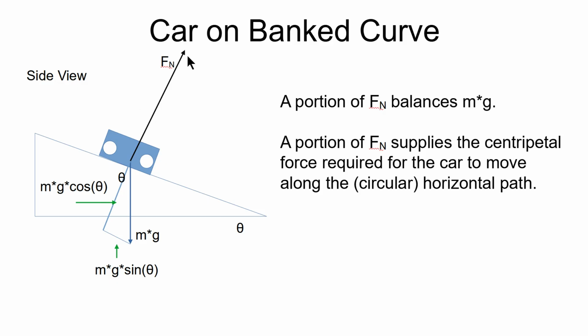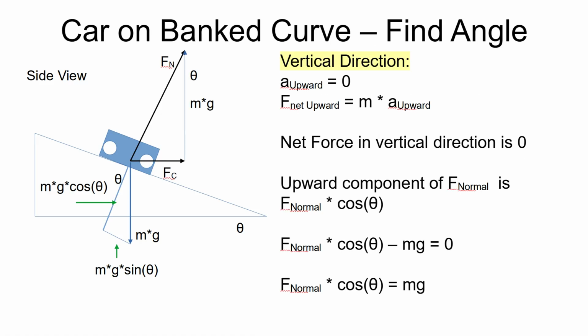Another portion of this normal force will give us the required centripetal force. This car is supposed to move around a curve, a portion of a circle. In physics, when something is moving at constant speed around a portion of a circle, there's a centripetal force that's producing that motion. So let's put on the components of the normal force.